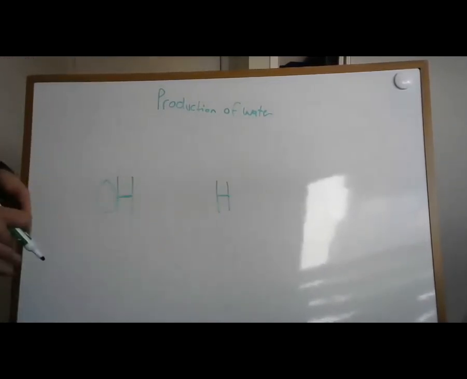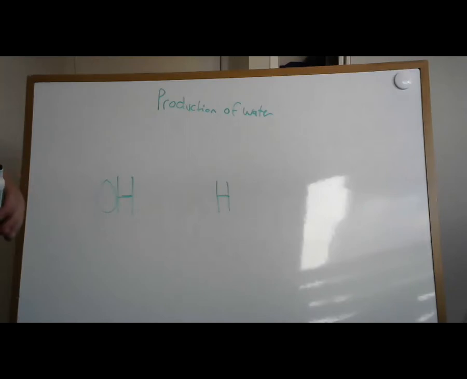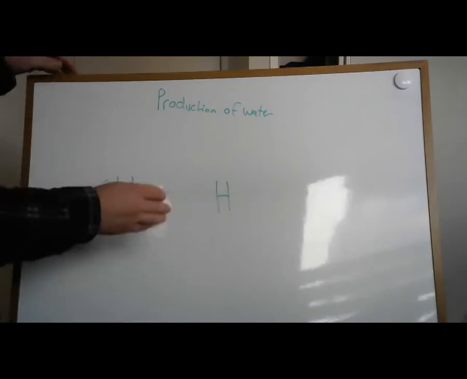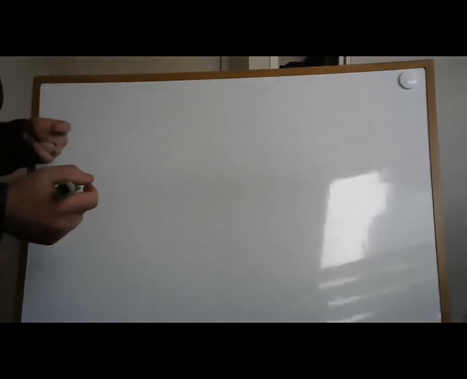Now where might we find these? Oh, conveniently, this is what the amino acids look like on the outsides. So this is how two monomers become a polymer.